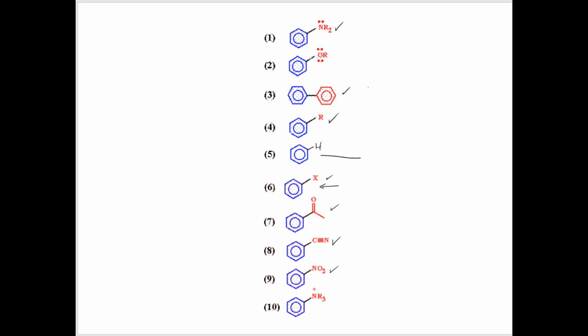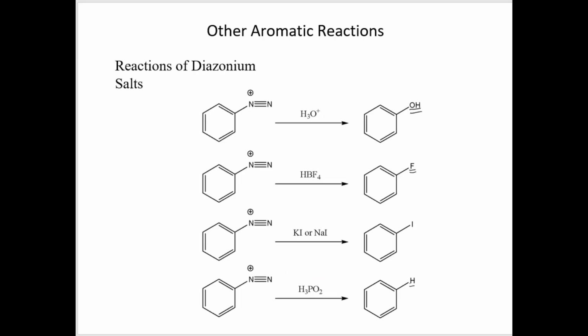We'll talk in a later lecture video on how to put the alkyl groups on the ring. We know how to put an OH group on the ring, and the OH group is going to be our lead into putting an OR group on the ring, and I'll talk about that in a moment. So these diazonium salts give us the ways to put those other groups on the ring.